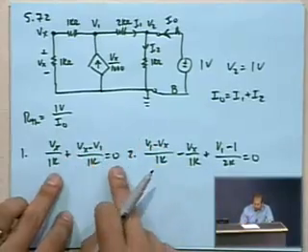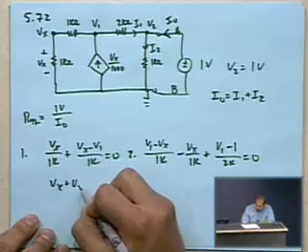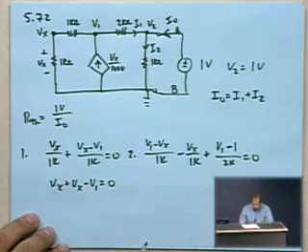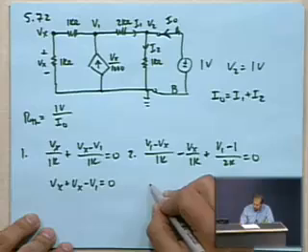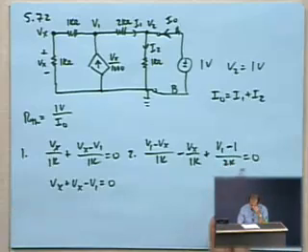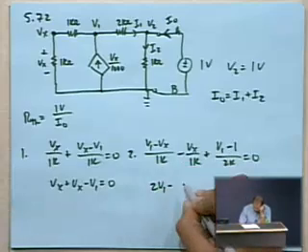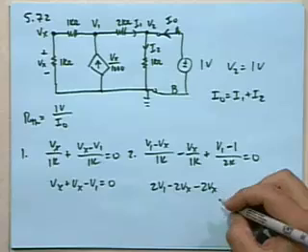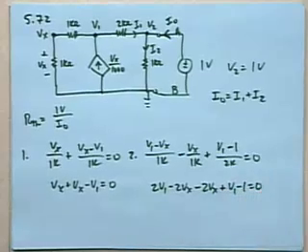Multiply both sides here by 1,000 to get rid of the denominators. We have Vx plus Vx minus V1 equals 0. And let's see, multiply both sides by 2k to get rid of the denominators here. So we have 2V1 minus 2Vx minus 2Vx plus V1 minus 1 equals 0.